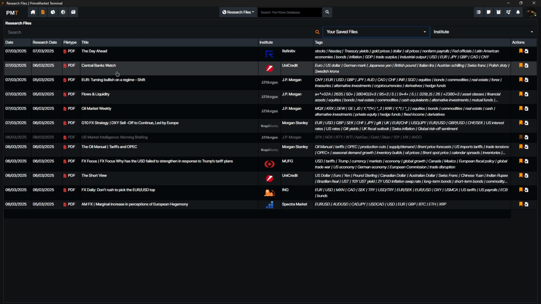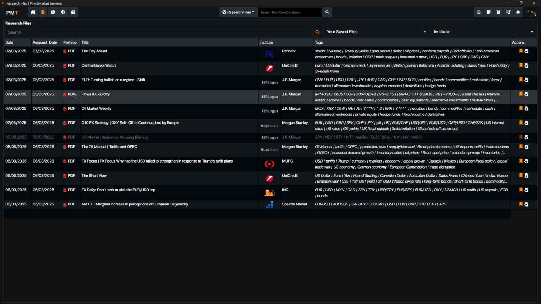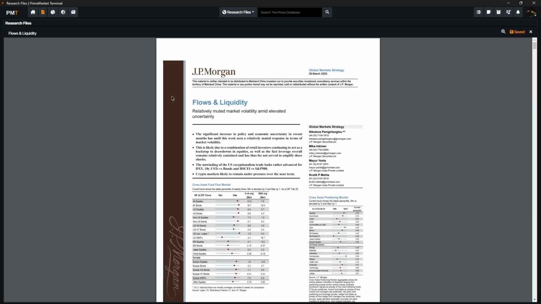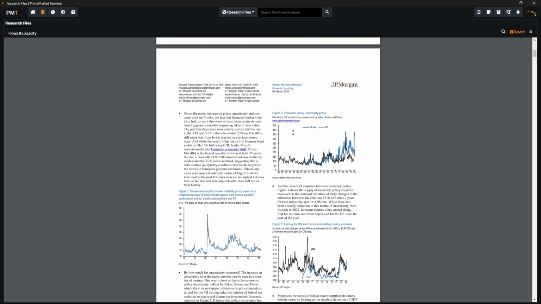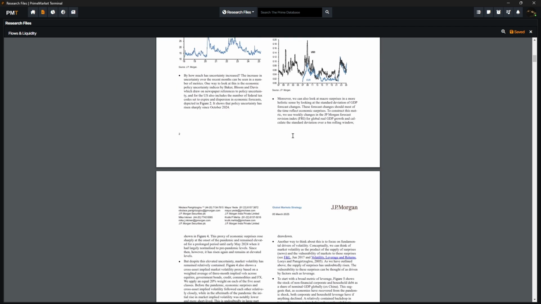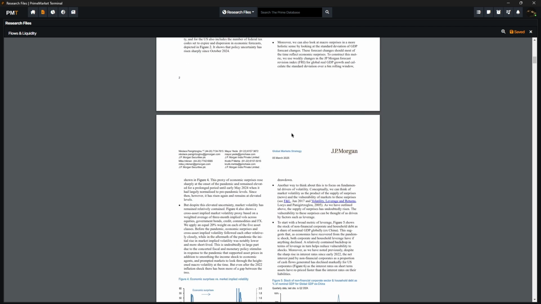Something else that I really like, and I'll just go through this quickly, is flows and liquidity, and this gets released every week. So you have one from Morgan Stanley and one from JP Morgan, and this right here, as the name suggests, it tells you flows and liquidities, and this is information that you are not going to find available on the internet.